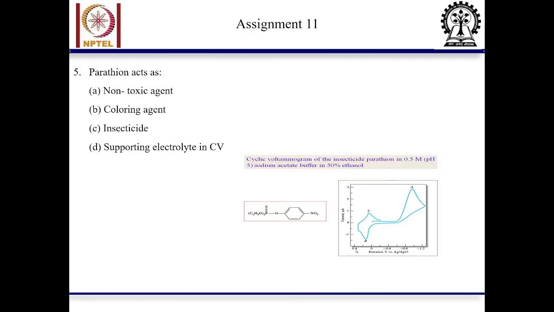Next question, question number 5: what is the parathine? Can anyone tell? Sweta is saying C. Any other?